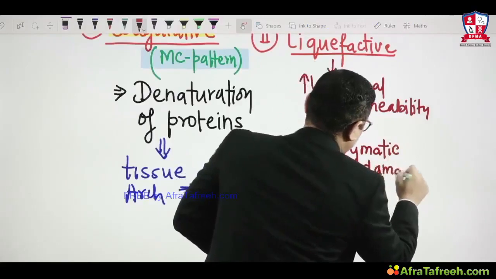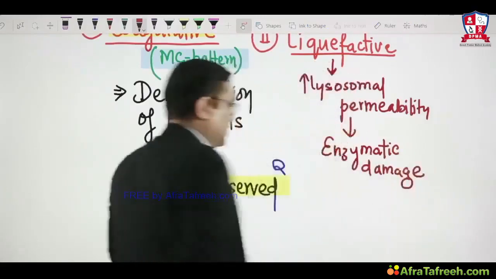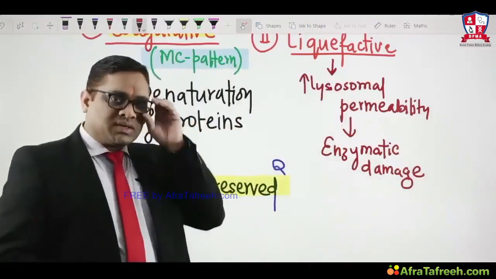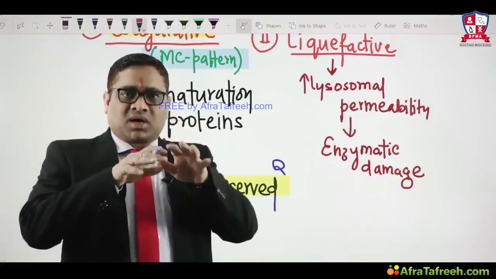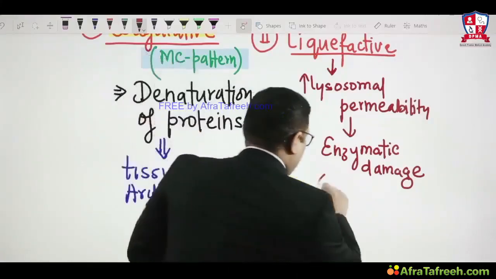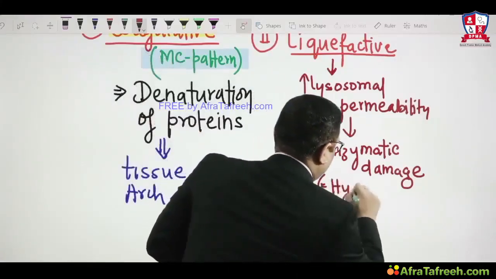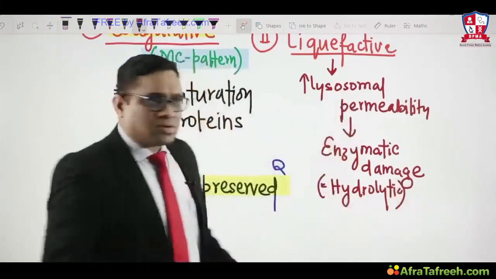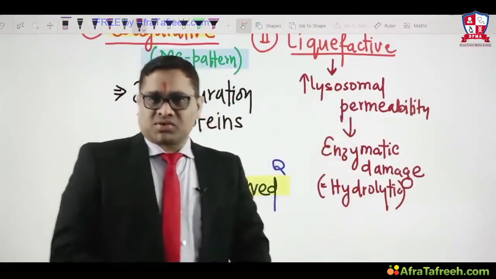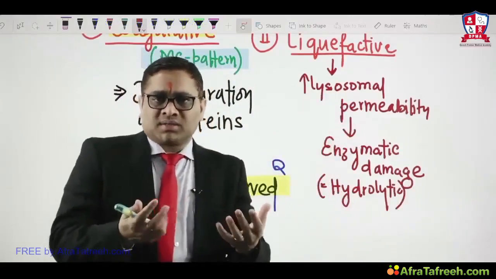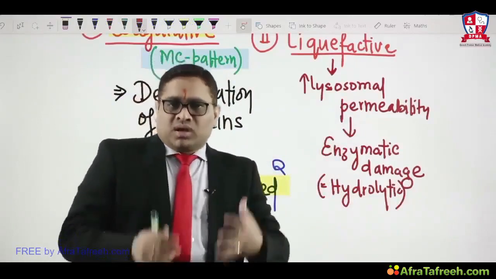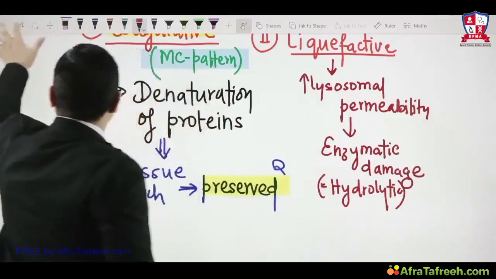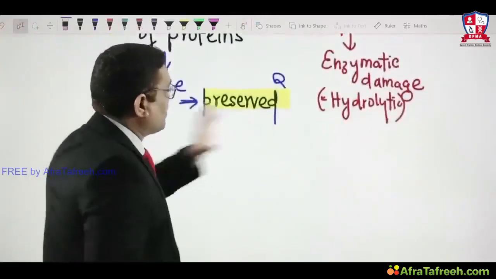Whenever an enzyme acts on any tissue or cell, it causes hydrolysis, so enzymatic damage is hydrolytic damage. They will liquefy the tissue, and in liquefied areas you will never find any tissue architecture, and that is why tissue architecture is lost in liquefactive necrosis.